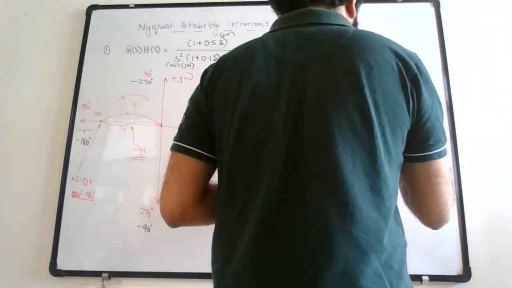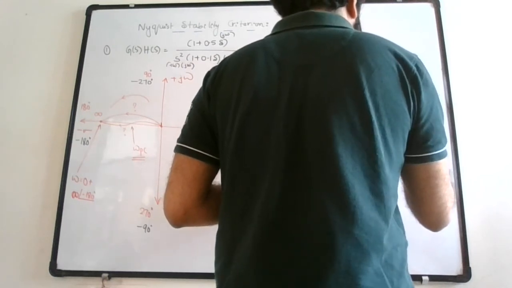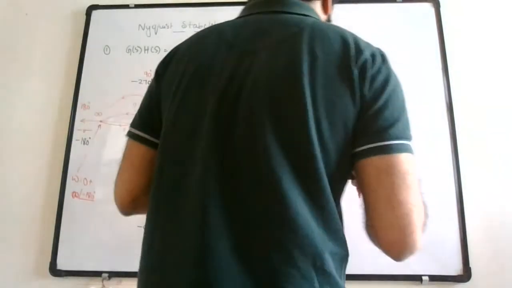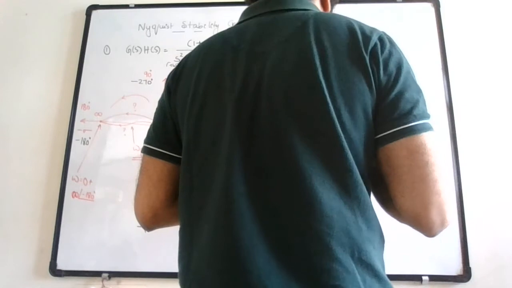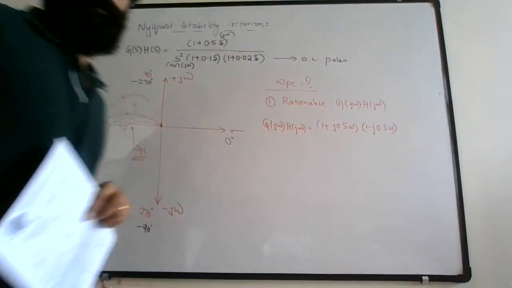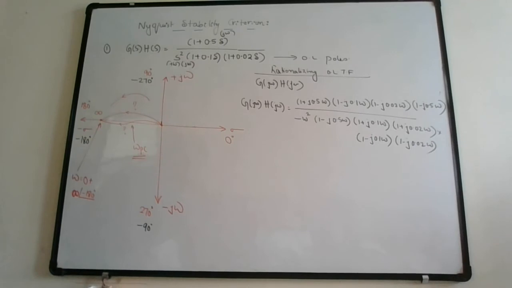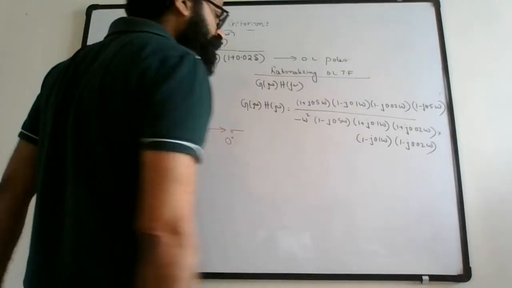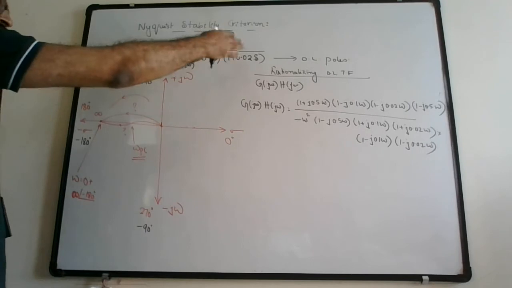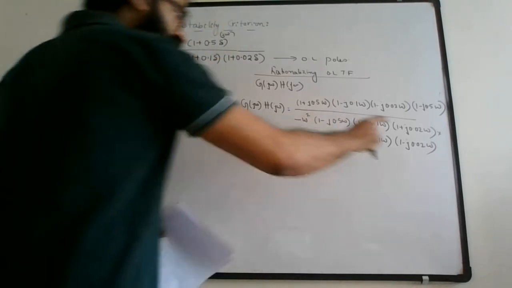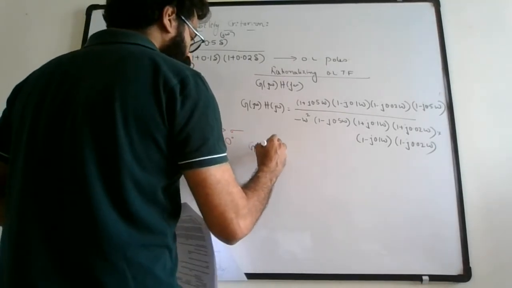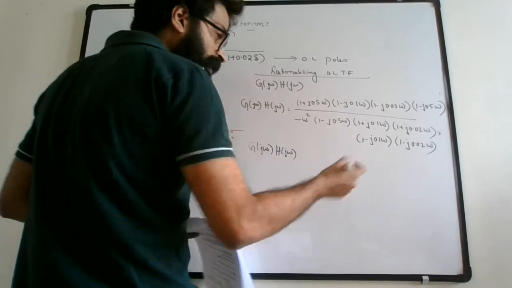That is 1 minus j 0.5 omega, and do the same thing for the other. So this is what you get while rationalizing. You just multiply and divide with the conjugates of the poles and zeros. After rationalizing, you simplify the transfer function so that you get the real part and imaginary part.